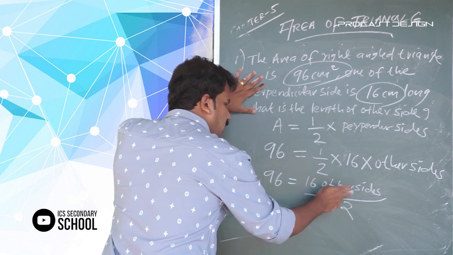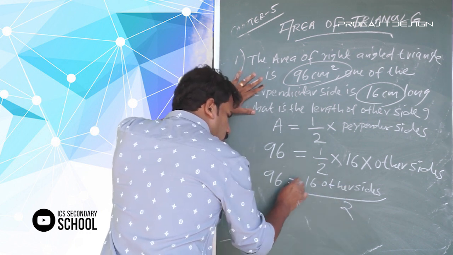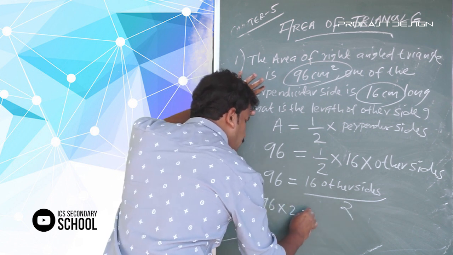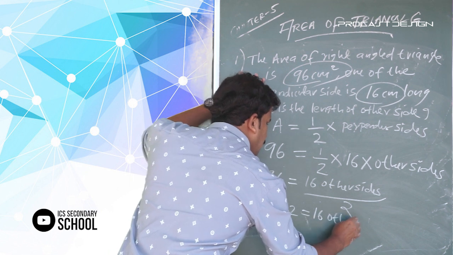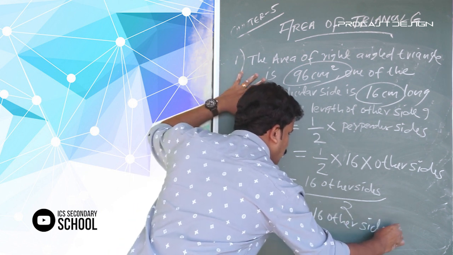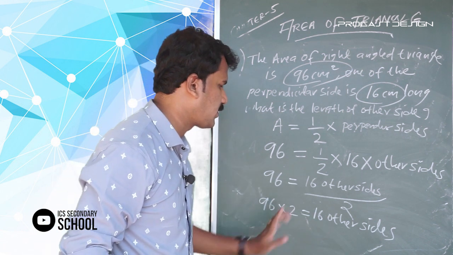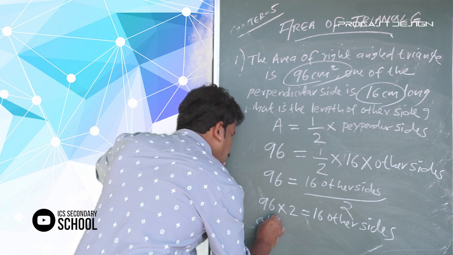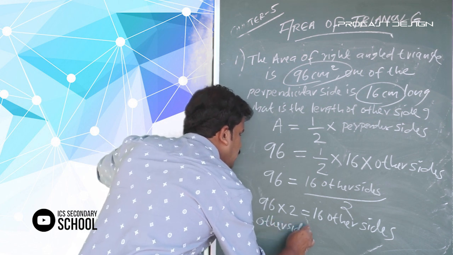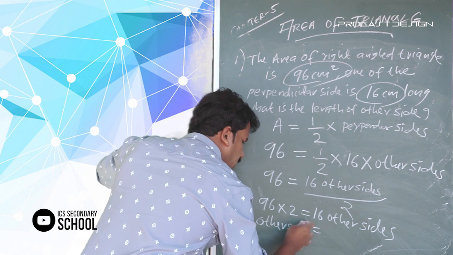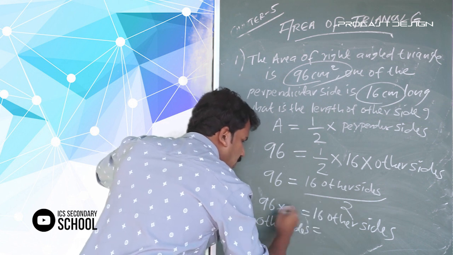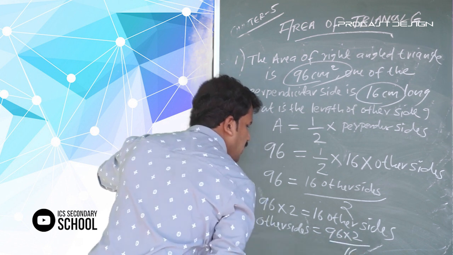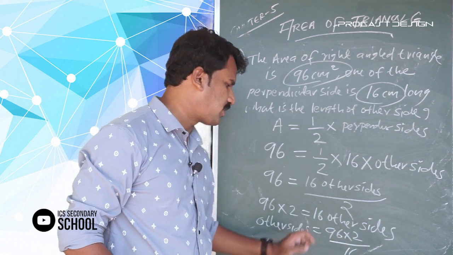Then the 2 is moved to the left side, that is 96 into 2 equals 16 into the other side. Then the other side equals 96 into 2 by 16.